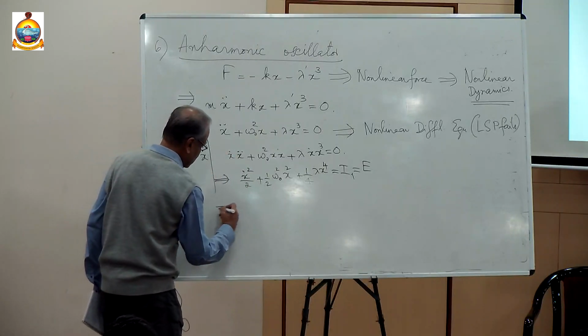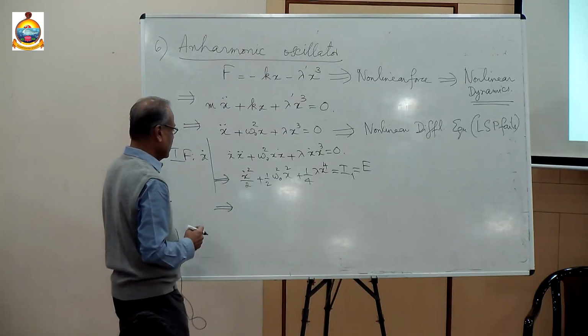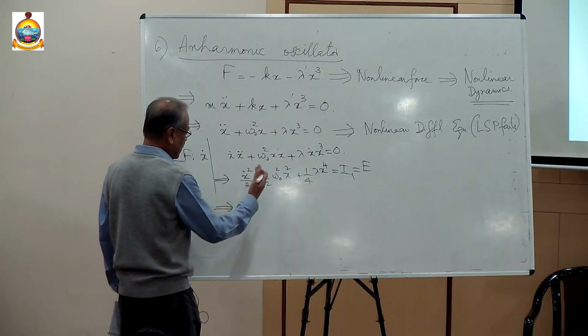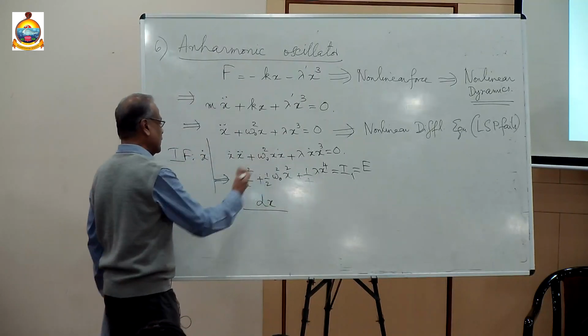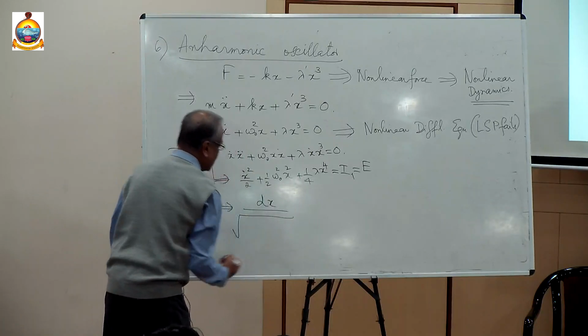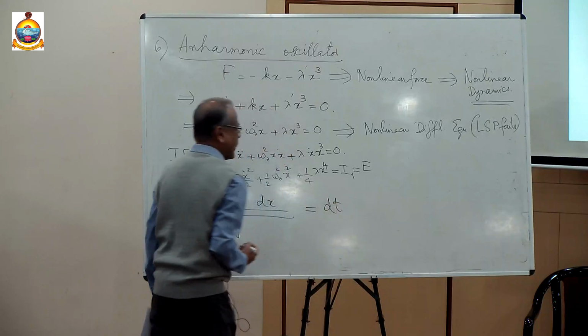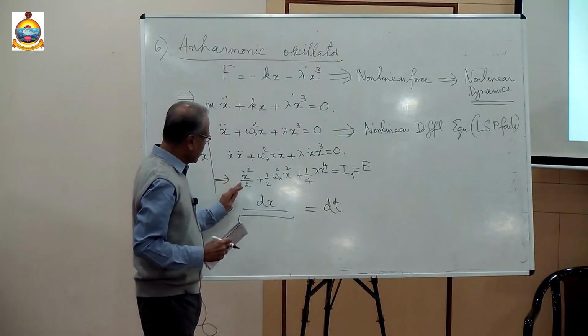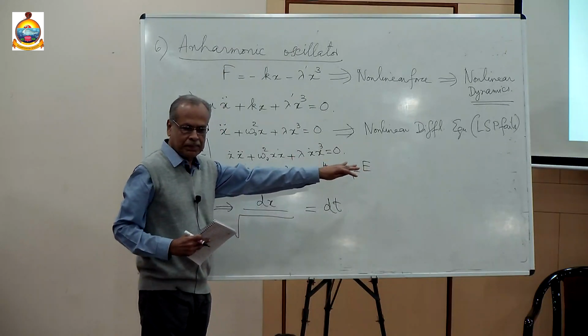Now you do a second integration. By doing a separation of variables, as I had shown for the case of the harmonic oscillator, you will get an integration where the right hand side is just dt. So you take x dot square, take 2 outside, and take all these terms to the left hand side.